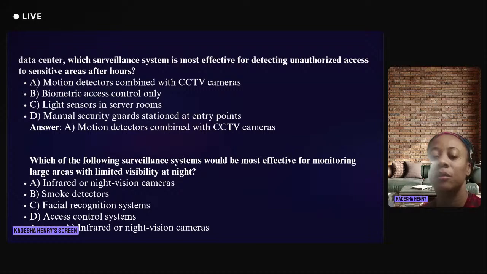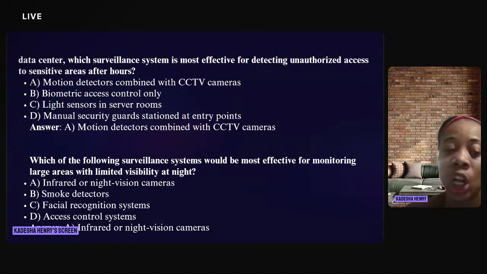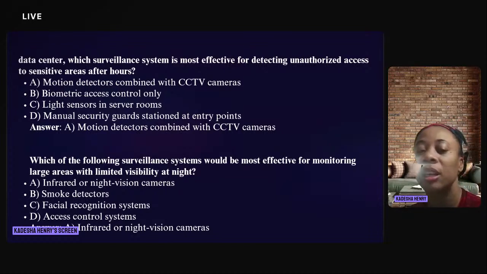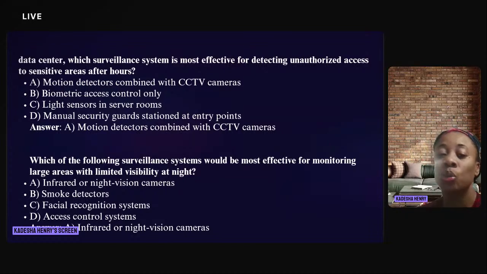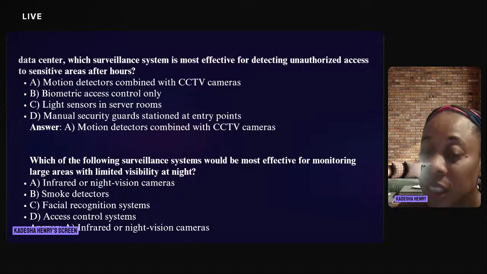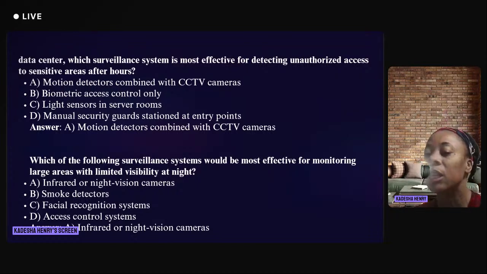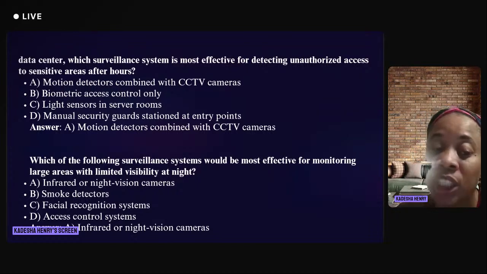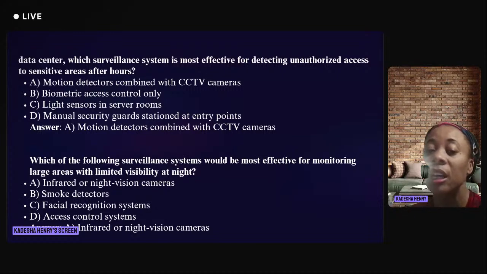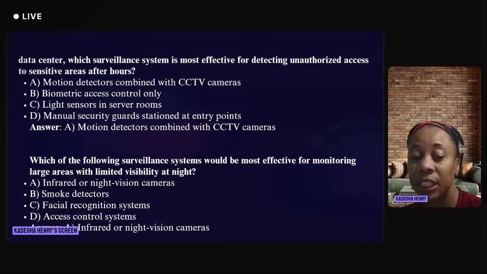Which of the following surveillance systems would be most effective for monitoring large area with limited visibility at night? Large area with limited visibility at night.